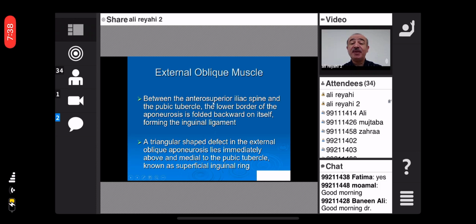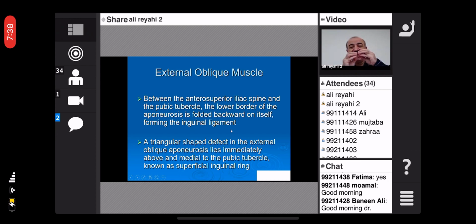Between the anterior superior iliac spine and the pubic tubercle, the lower border of the aponeurosis of the external oblique folds backward on itself and forms the inguinal ligament.